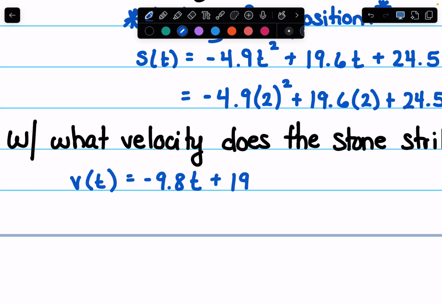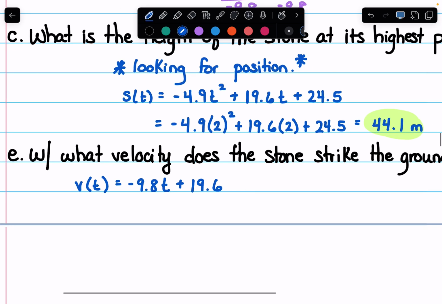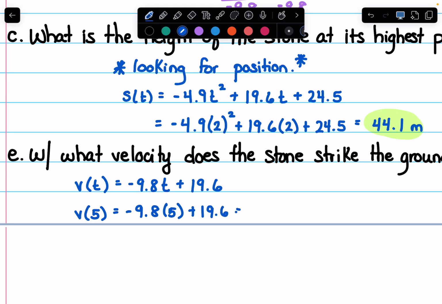We found that at the very beginning. And then what are we going to plug in for t? 5, yes. That gives negative 29.4 meters per second.